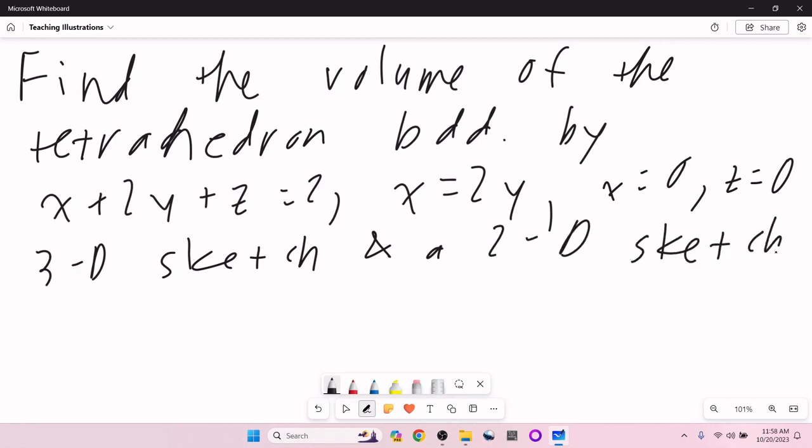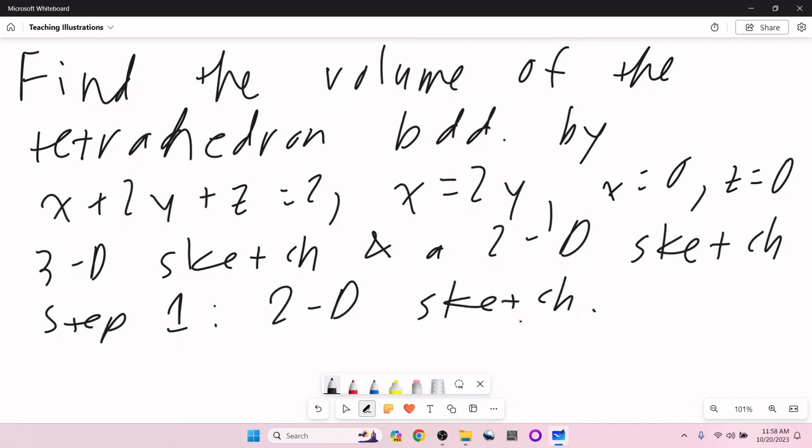The 3D sketch shows the volume, what the shape actually is, and the 2D sketch shows the region we're going to integrate over. I'm not sure which order to do it in. I'll do step 1 as the 2D sketch. You got all this copied down? Okay, let's go on.